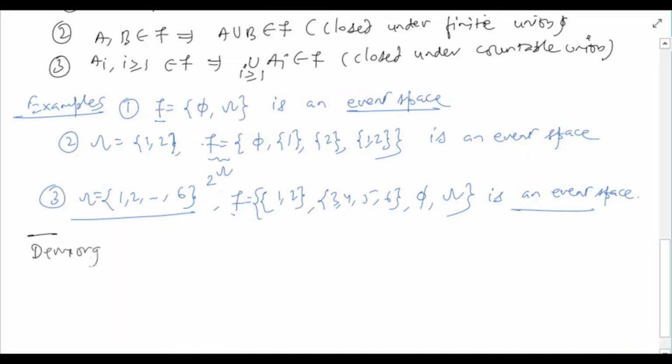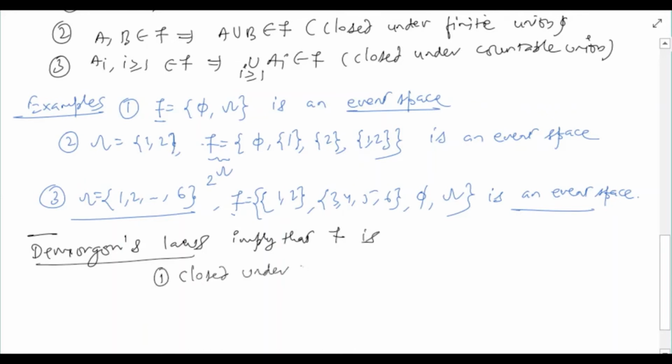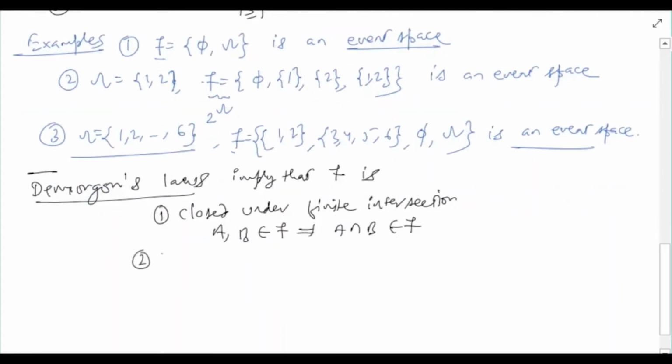De Morgan's laws imply that F is closed under finite intersection, that is, if A, B belong to F, then the intersection of A, B will also belong to F. F is also closed under countable intersection.